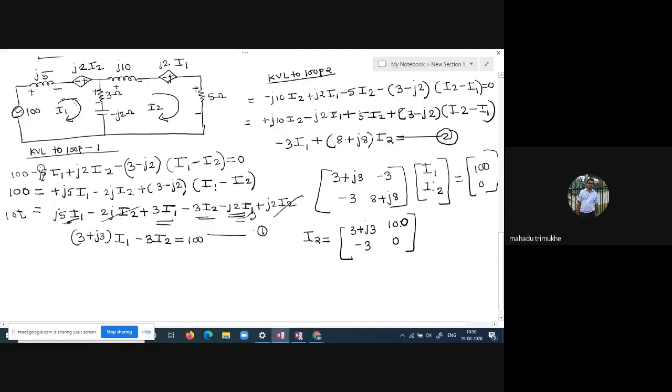Then what is your del? Divided by del, which is nothing but this matrix: 3 plus j3, minus 3, minus 3, 8 plus j8.